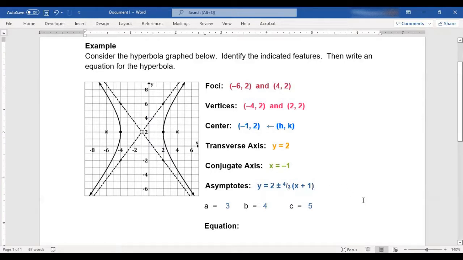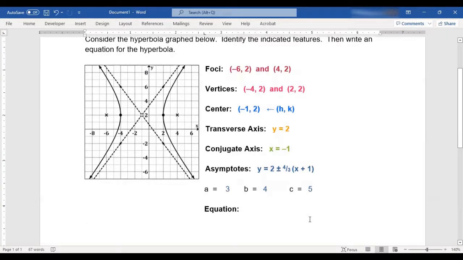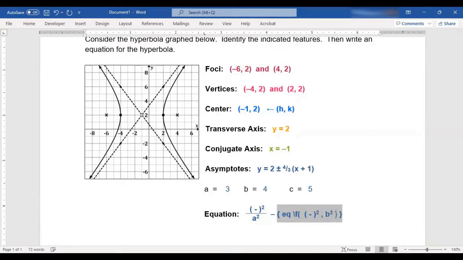So speaking of using a and b in our formula, let's go ahead and write the equation of this hyperbola. So we're going to have something squared in the top over a squared minus something squared in the top over b squared in the bottom equals 1.